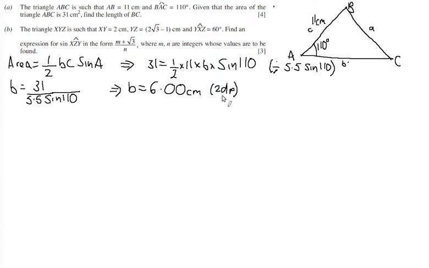That accuracy is important because later on, hopefully, it's going to make some of our other working a little bit more simple. So at this point, I can now use the cosine rule.